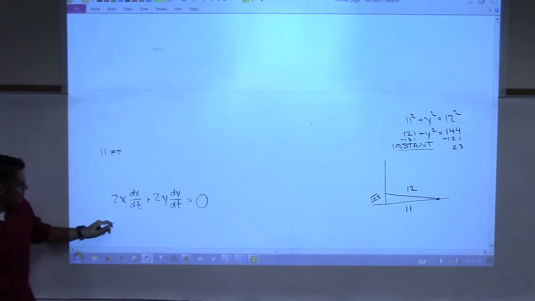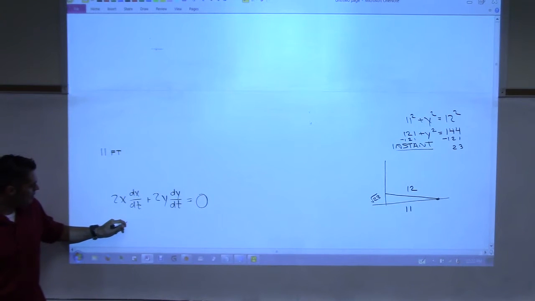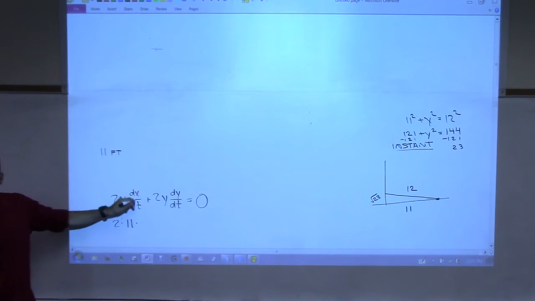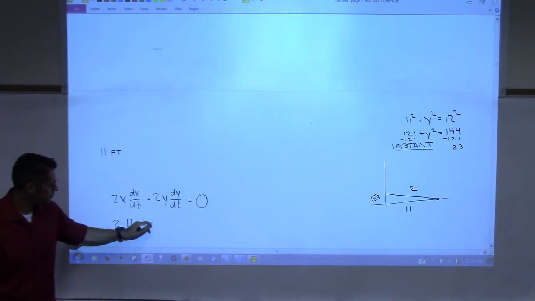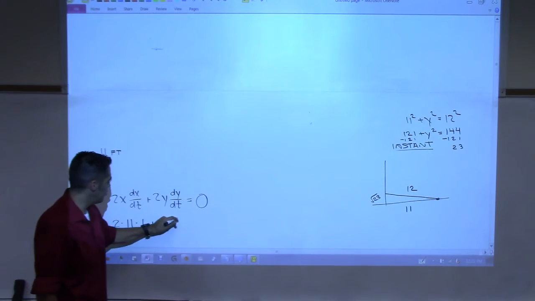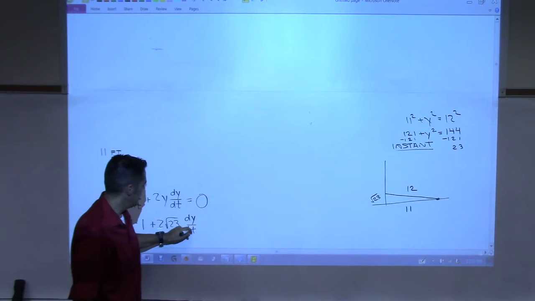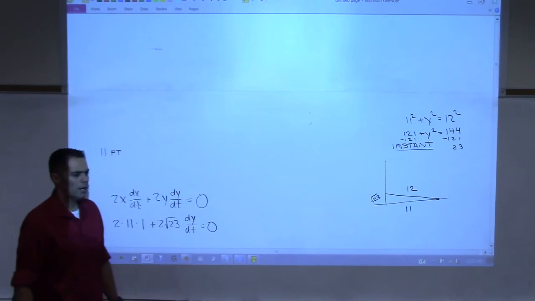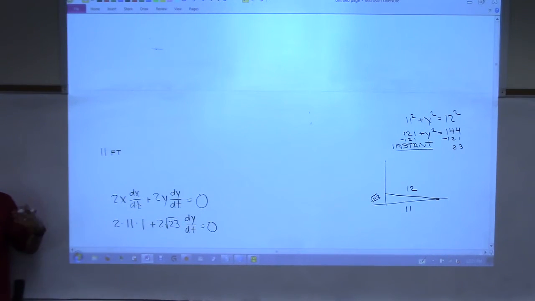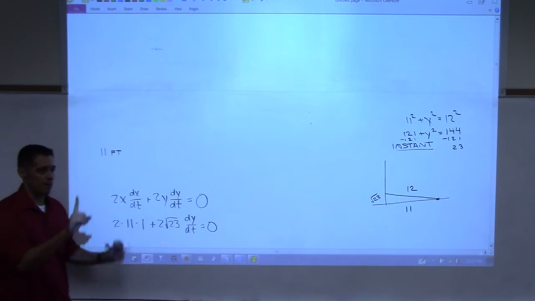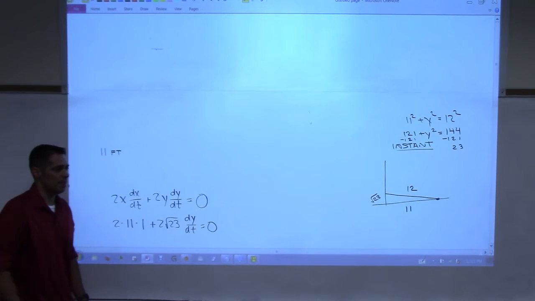So I could say 2 times 11 times dx/dt, which was still 1, plus 2 root 23 dy/dt equals 0. Are y'all following me? I'm kind of redoing the same problem, just changing x to 11. The d whatever over dt is the same thing, 1 foot per second, yes.